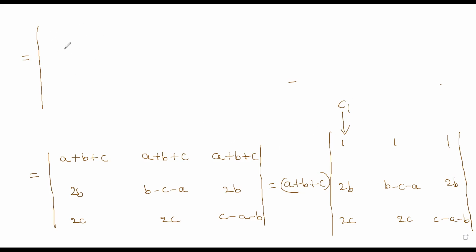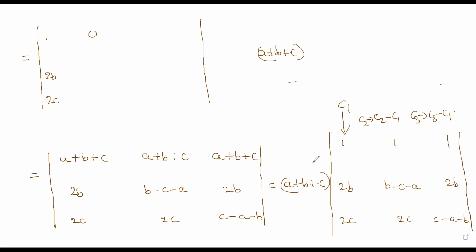So I have a plus b plus c as a product out here. What I'm doing here is C2 minus C1 and C3 minus C1. So when I do that, fix the first one as 1, 2b, 2c.